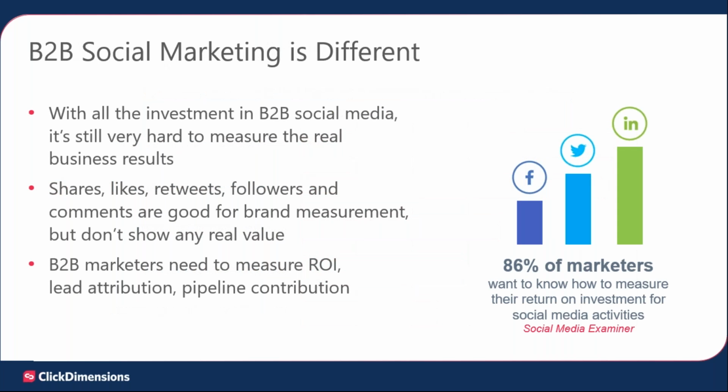So this is a slide that's more focused towards B2B, but I think there is some B2C stuff that we can use in here as well. Again, I mentioned earlier, Octopost is the only B2B social marketing tool that's in the market currently. Now, what that means is there are a lot of other tools out there that are going to focus on things like shares, likes, retweets, followers, comments, and these are all decent metrics for brand measurement, but I also consider them to be vanity metrics because while they make us feel good, we all like getting likes and comments.